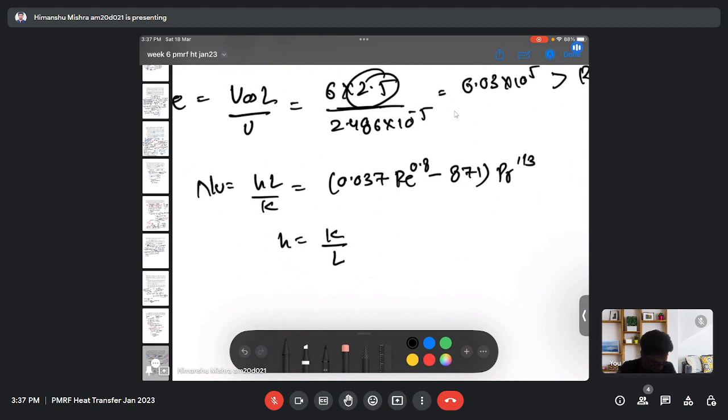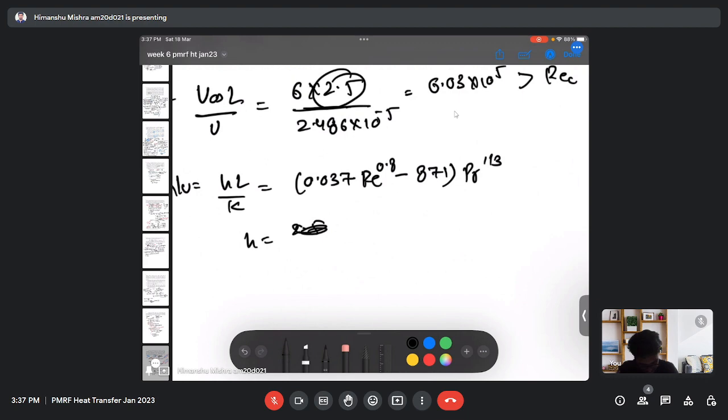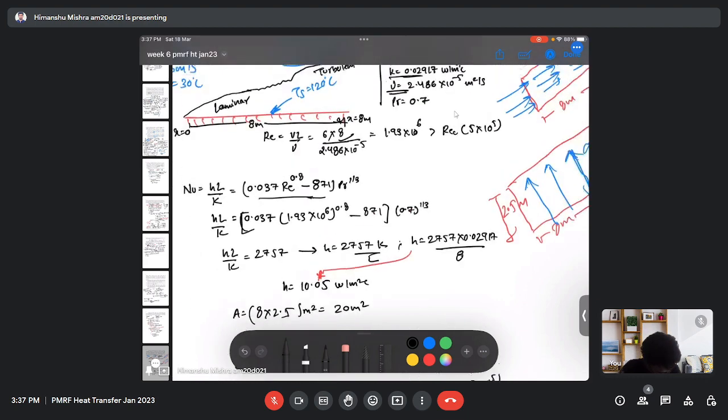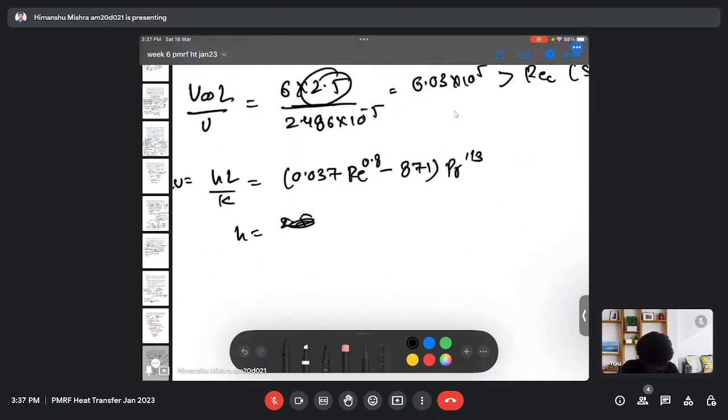So I will just directly put the values. My length is 2.5. Sorry, my thermal conductivity is 0.029. My length is 2.5 now.